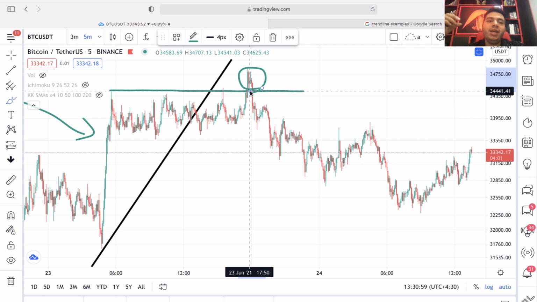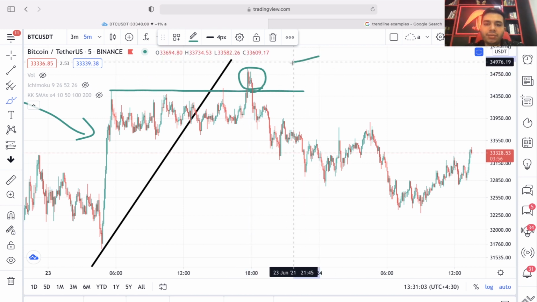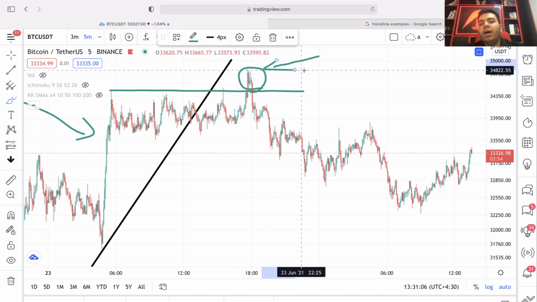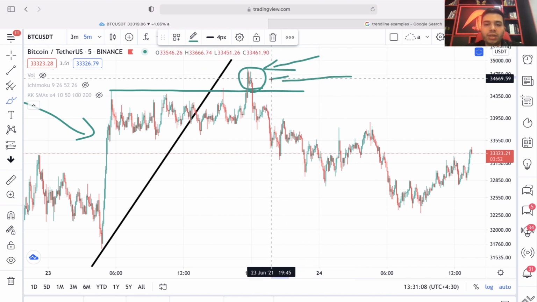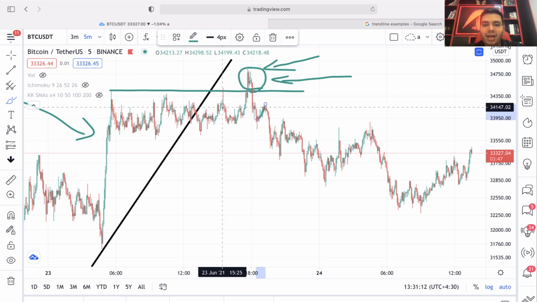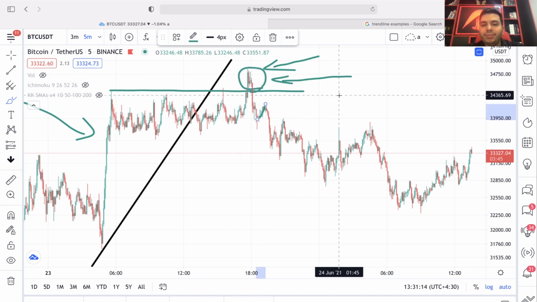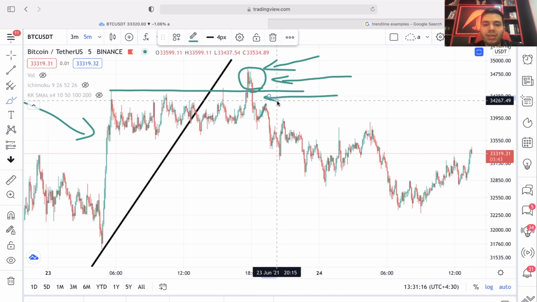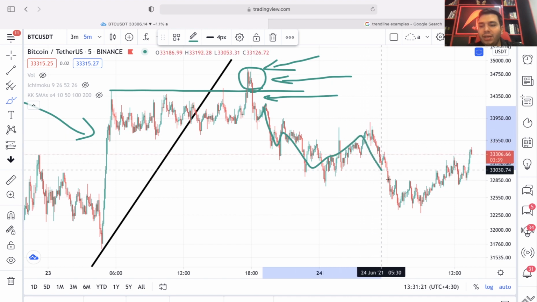Okay, and everybody has started to buy Bitcoin, and the big guys and whales, they sold their Bitcoins at this level, and you could actually sell this level after this consequence, and you could expect the price to move and hit the lower levels.